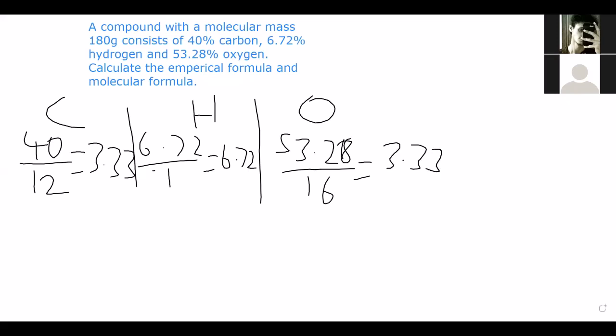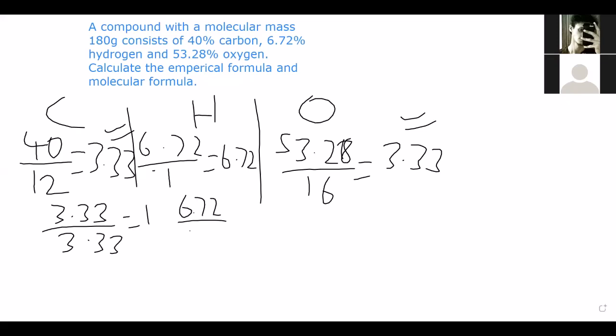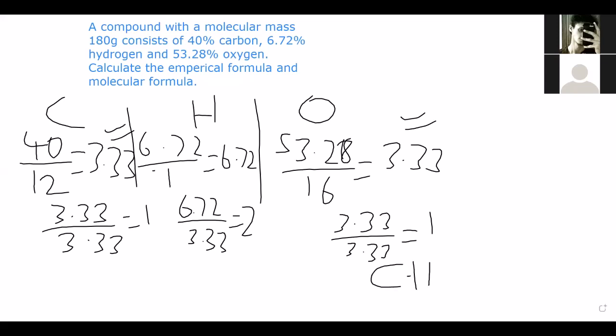Now this is the simplest ratio. I will divide all ratios by the simplest ratio. This is 1, 2, and 1, so the empirical formula will be CH2O.